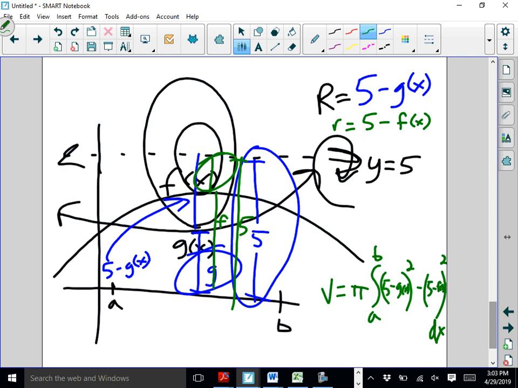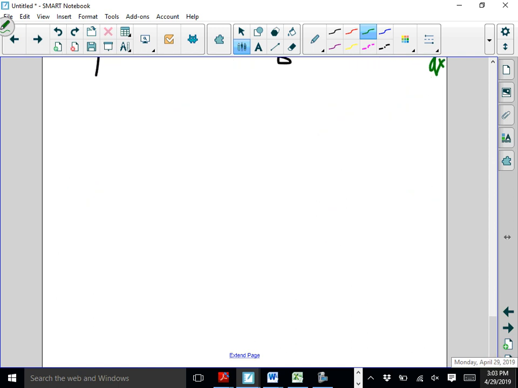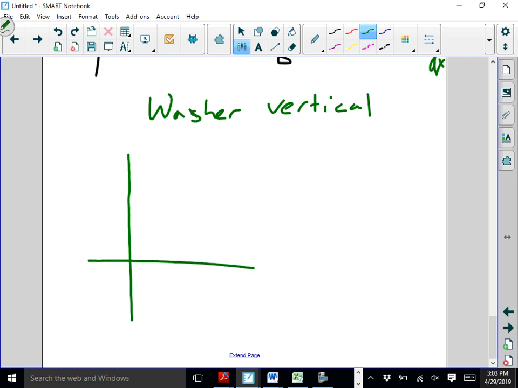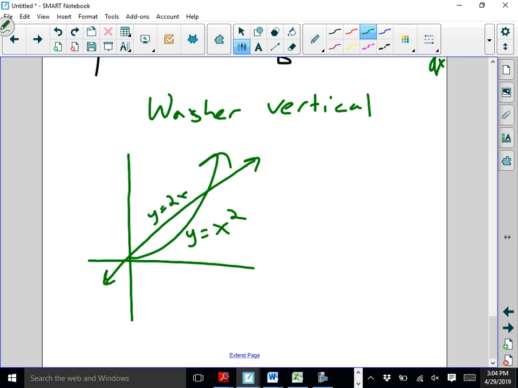If we're doing a washer method around a vertical axis, let's say I have y equals x squared, and I have the line y equals 2x. So again, I'd have the point 0, 0, and I'd have the point 2, 4.